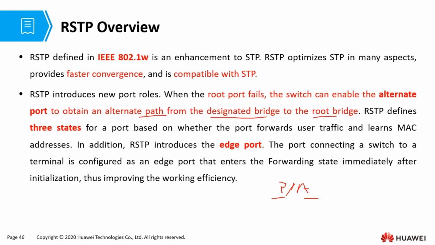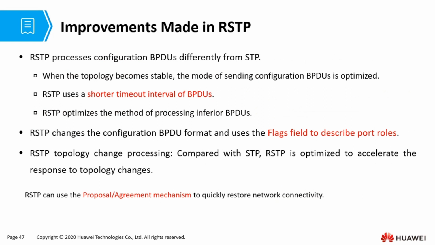They also have the edge port and the backup port. And they reduce the states from five states to three states. We are going to see each of these differences.